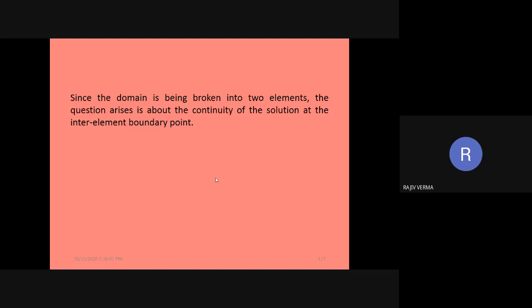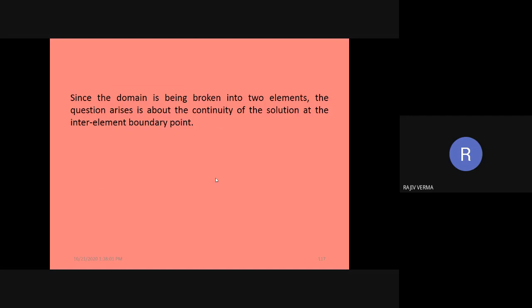Now something regarding the continuity of the solution. Since the domain is being broken into two elements, the question which now arises is about the continuity of the solution at the inter-element boundary points. The question is regarding the continuity of the unknown parameter, that is the solution, at inter-element boundary points.